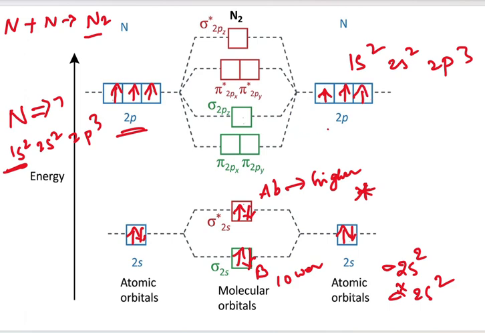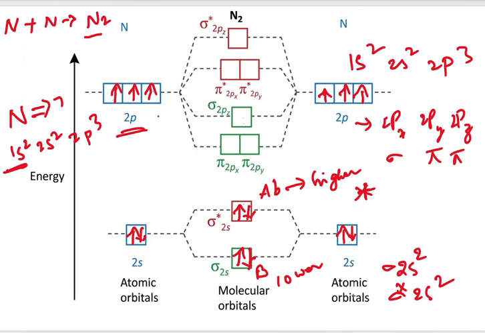As you know, the 2p orbital is divided into 2px, 2py and 2pz. These are three degenerate orbitals having the same amount of energy. When two nitrogen atoms combine, one of the p orbitals overlaps end on end and results in one sigma bond. The rest of the p orbitals form a pi bond each.